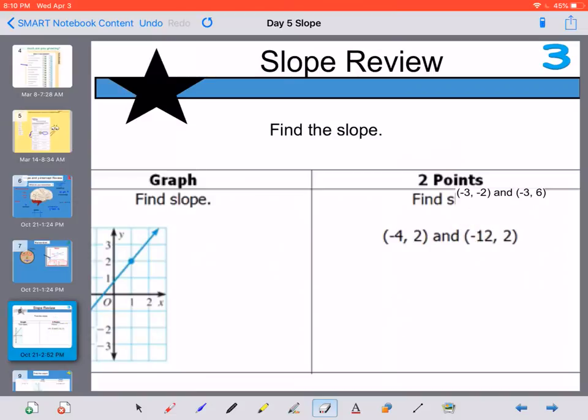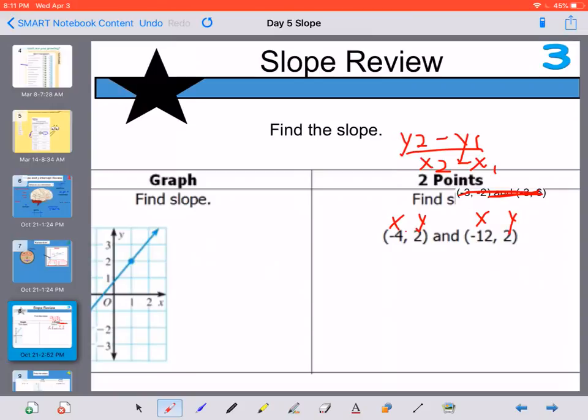Alright, so we need to find the slope now with 2 points. Ignore the negative 3 and negative 2 and negative 3 and 6. What we're going to do here is use our equation y2 minus y1 over x2 minus x1. So in this case we have an x and a y and an x and a y.